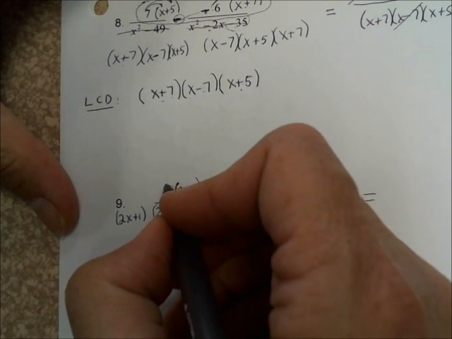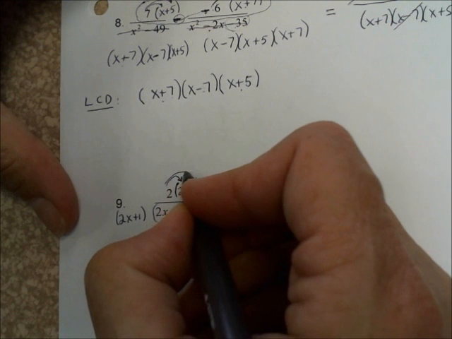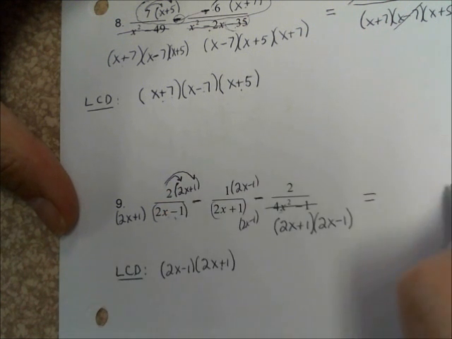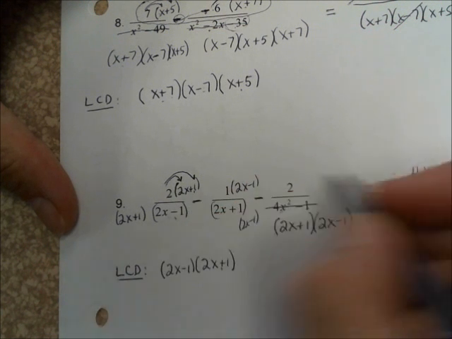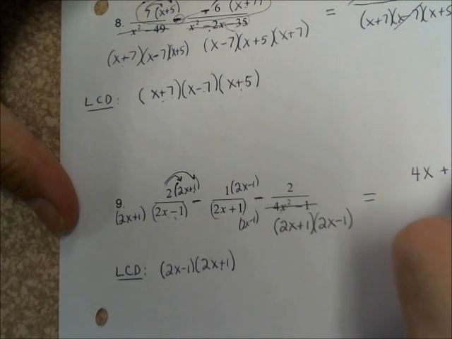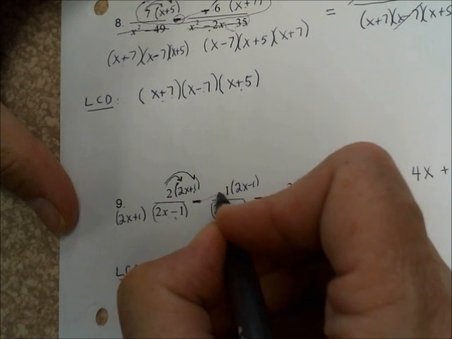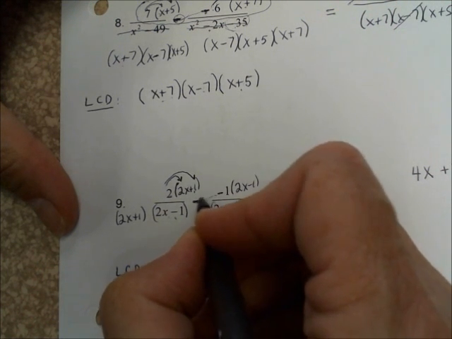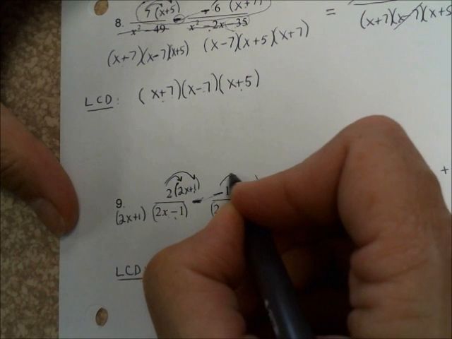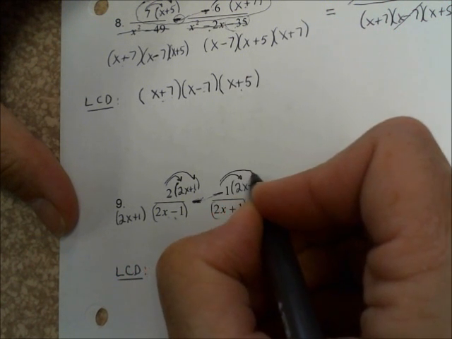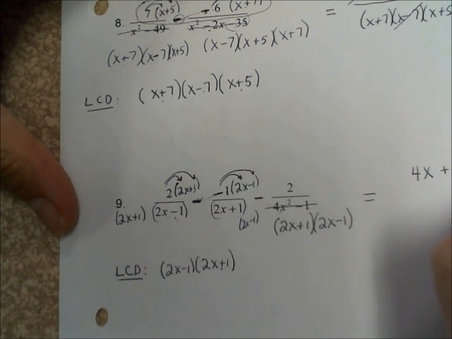First fraction, let's take the 2 and distribute it through the parentheses. 2 times 2x is equal to 4x. 2 times 1 is equal to 2, positive 2. Now we have a subtraction. Remember that negative, you sneak it over next to that 1, and it's really a negative 1 that's distributed into these parentheses. So negative 1 times 2x is a negative 2x.